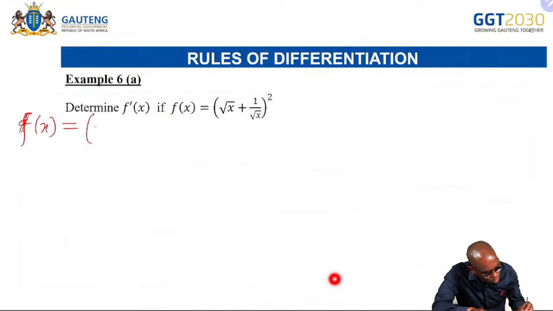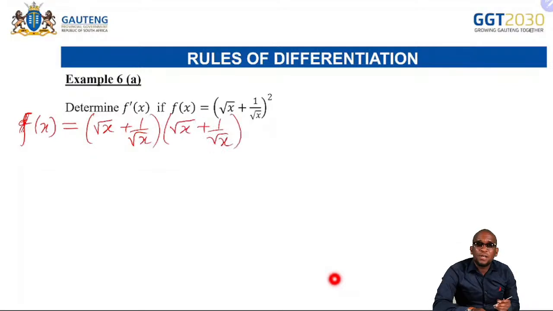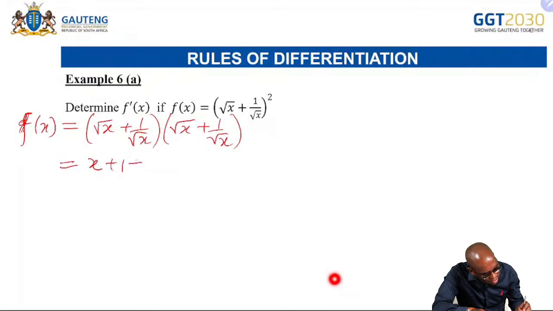So what I'm going to do is first make sure that I distribute. I'll open these two brackets because it was squared, and when I multiply inside, I get x. When I multiply this and that, I get 1. When I multiply this and that, I get 1.